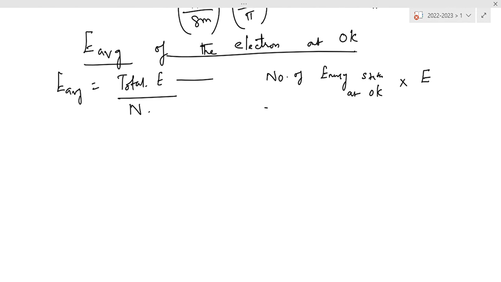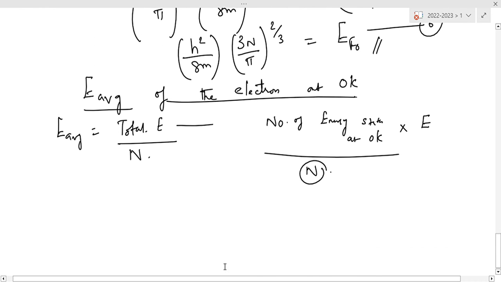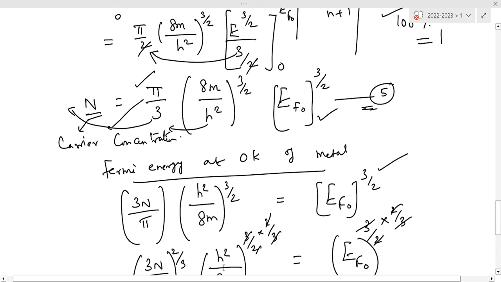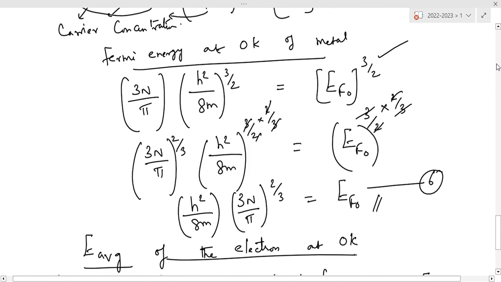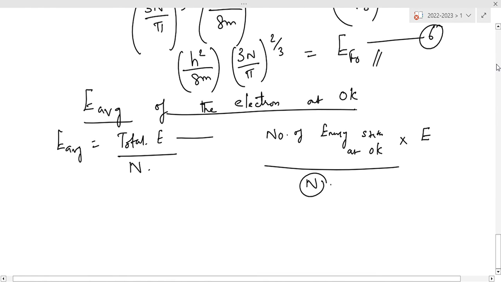And just now we have derived the total number of electrons in the metal, which is equation number 5. So the denominator is known to us. We are going to solve for the total energy of the electrons at 0 Kelvin. Therefore, the total energy, I am going to solve.